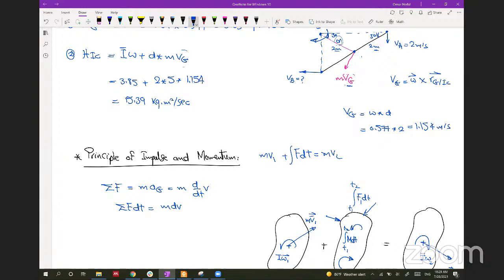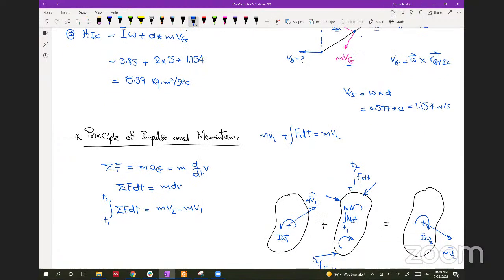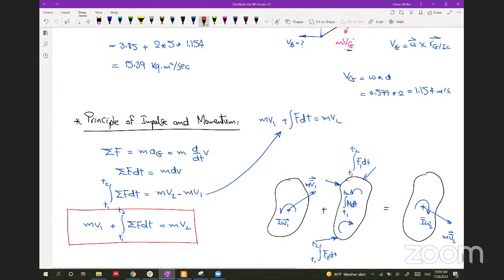If we integrate these two parts, you will end up with the integration from time t1 to t2 of the sum of the forces dt, and you will have mv2 minus mv1. And this gives us this equation: mv1 plus the integration from t1 to t2 of the sum of the forces is equal to mv2. This is how we get this.